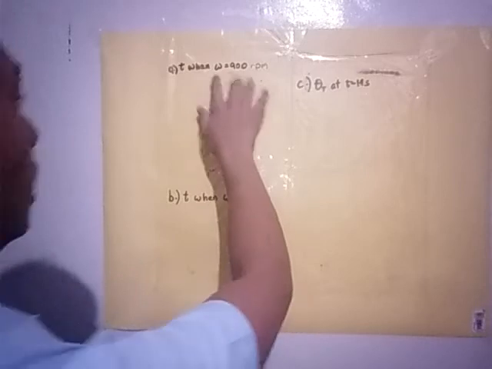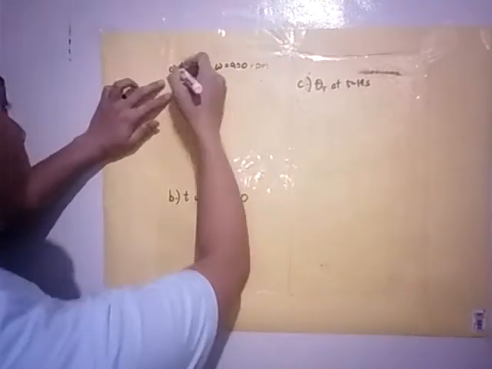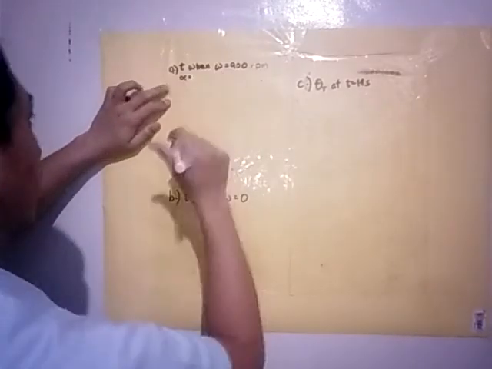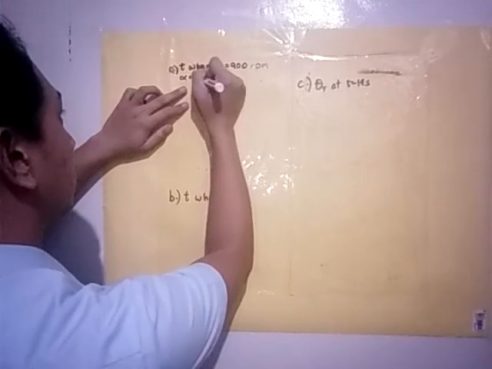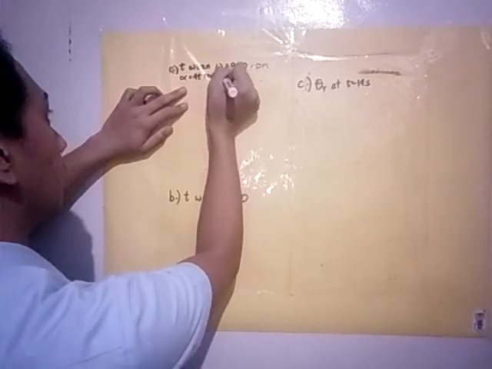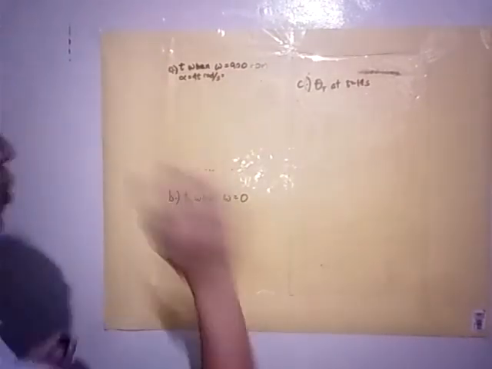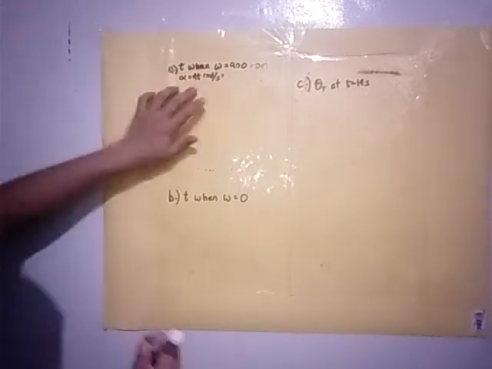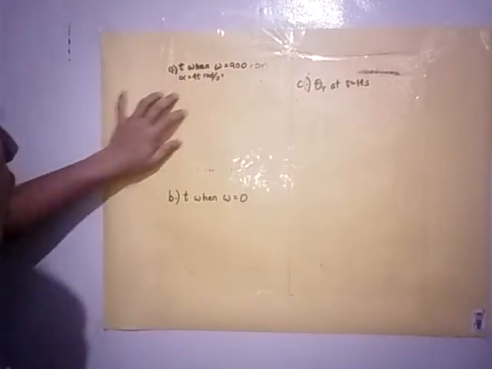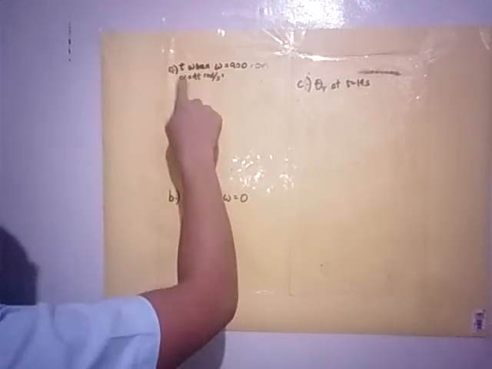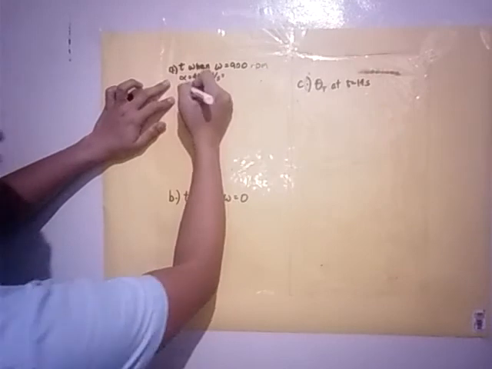First, we solve this one. So we have our working equation for alpha, which is 40t rad per second square. Now, in order for us to know the time, we use this one and substitute it in the equation for alpha.